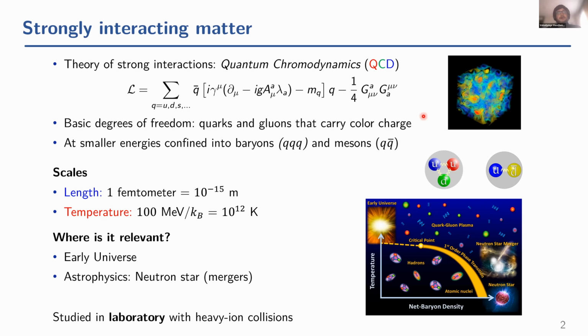And we know that we don't actually observe quarks and gluons directly in experiment, but at small energies, these fundamental degrees of freedom of QCD are confined into composite objects called baryons, which would be a combination of 3 quarks, and mesons, which would be a pair of quarks and antiquarks.